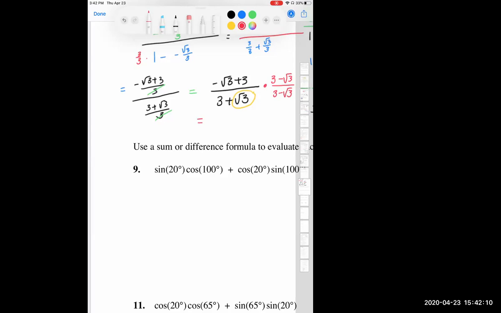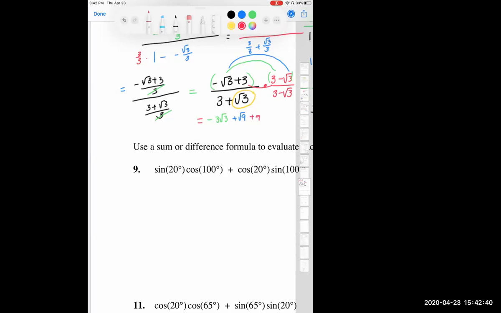Okay, in our numerator, we have to multiply. Oh, that's going to be so much work. So we have to multiply these two binomials. So I have radical 3 times 3. That gives us negative 3 radical 3. Negative radical 3 times negative radical 3 gives us plus square root of 9. 3 times 3, you get plus 9.